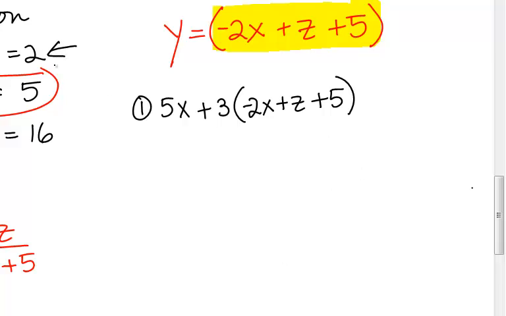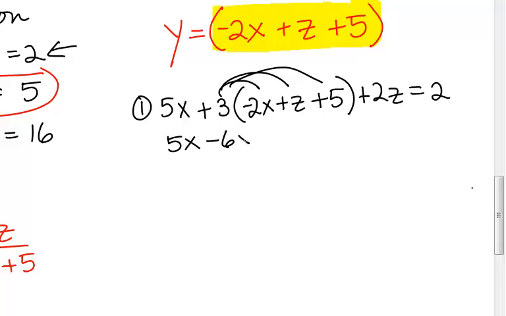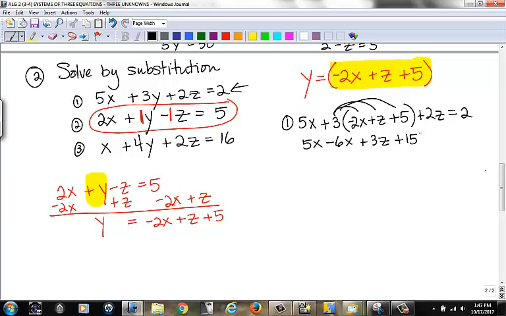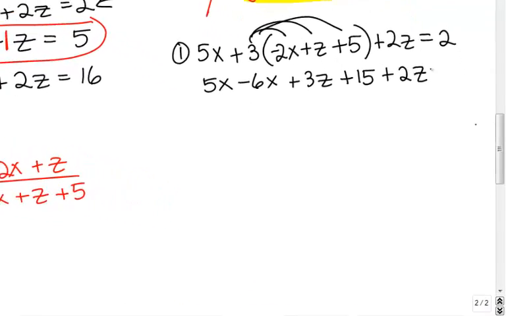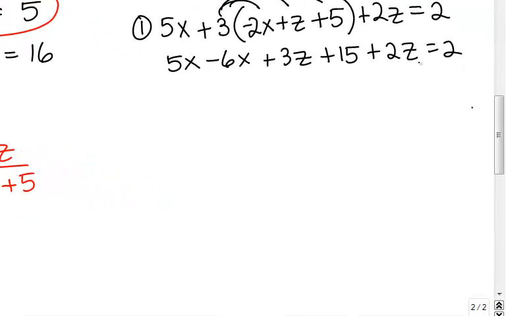Okay, and I'm working with this equation, so I have 5x plus 3 times y plus 2 times z equals 2. Okay? Multiply this out. Okay, so I'd have 5x minus 6x plus 3z, check my work, plus 15 plus 2z equals 2.